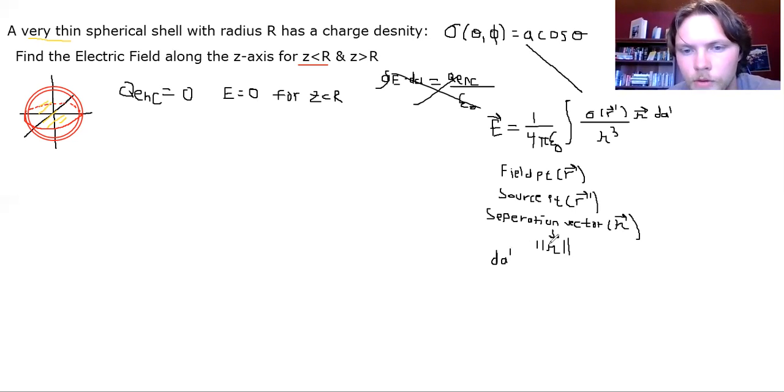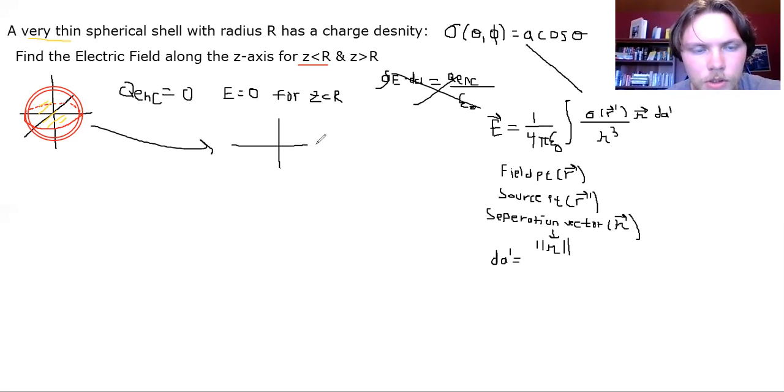So for the field point and pretty much everything in here, if we take the sphere that I drew earlier and change it into 2 dimensions, keeping the z-axis on top, it doesn't matter for x and y, since the sphere is still going to be a circle.